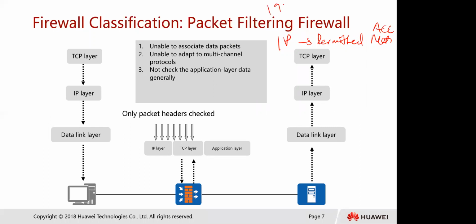If you configured and say permit all traffic coming from 168.1.12, and an attacker knows about this and sets his host computer to that IP address, what do you think will happen? It will definitely permit. So packets from the attacker's host can easily pass through the packet filter just by manipulating his IP address.